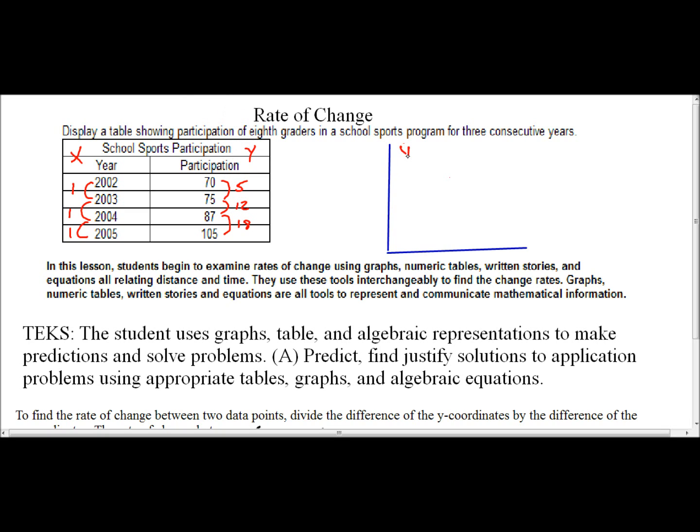This is our y, and this is our x, the horizontal versus the vertical. So horizontal is x and vertical is y. Participants, or participation, is our y, and then of course years would be our x.